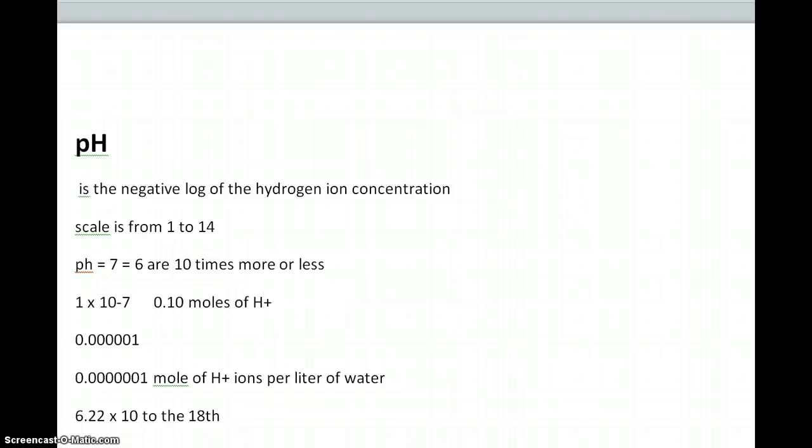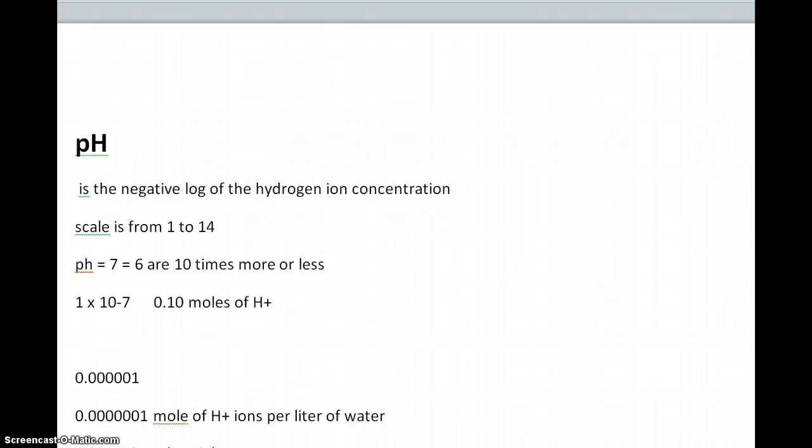pH of 14 is, just write it out here, 0.0000000000001 moles of hydrogen ions. I always do that, sorry.